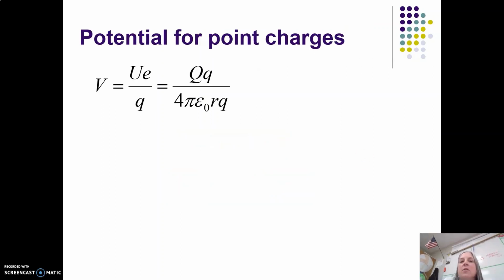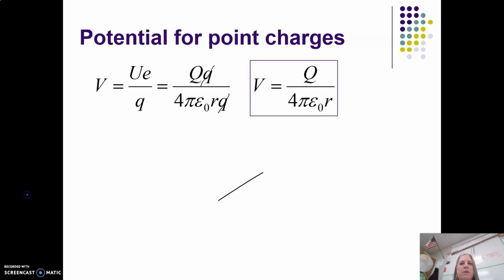Now, we can also put our electric potential energy equation, kQQ over r, or 1 over 4πε₀ QQ over r, into this equation. And notice what happens: we lose a Q. And so here is the electric potential, not electric potential energy, of a point charge.